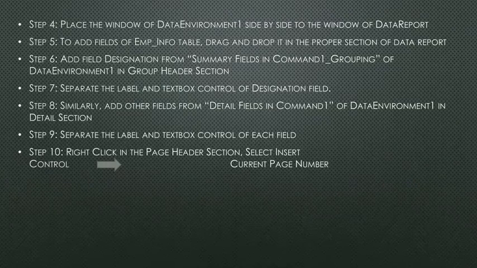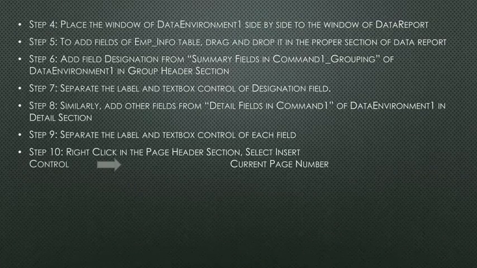Seventh step is to separate the label and text box control of the designation field. Eighth step is to similarly add other fields from detail fields in command 1 of data environment 1 in the detail section. Ninth step is to separate the label and text box control of each field.